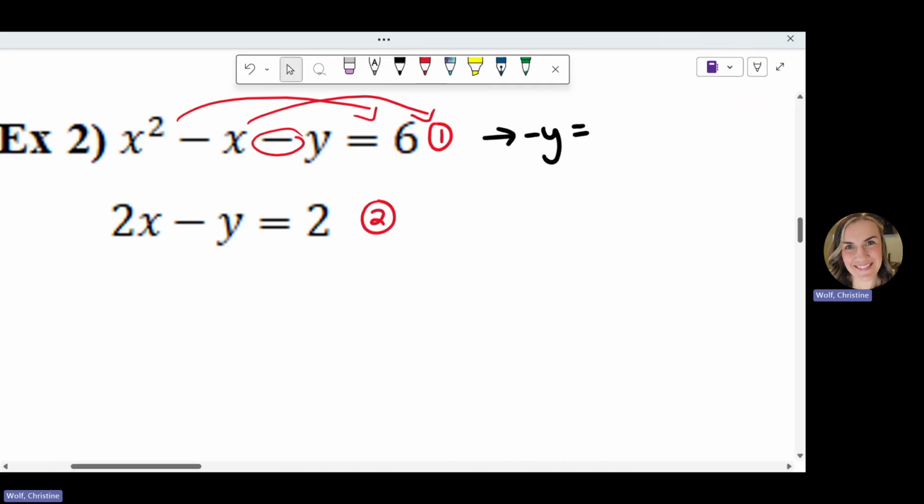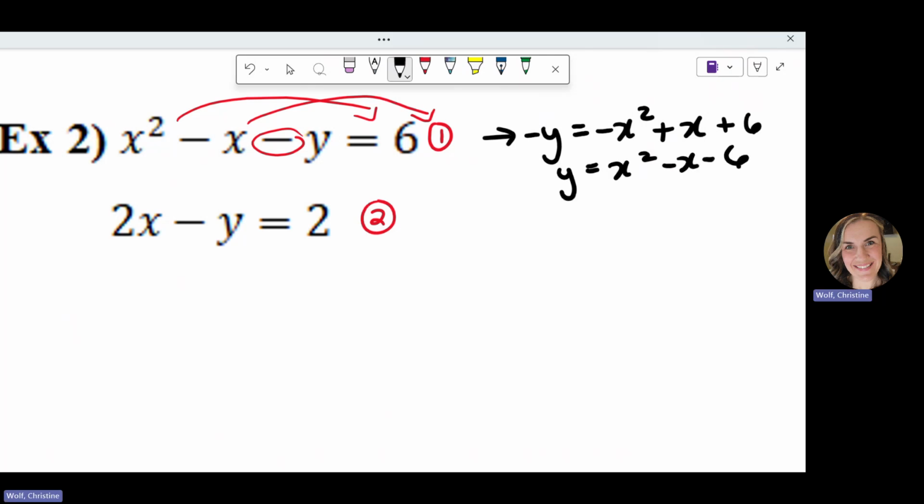Then the x squared comes to the right and becomes negative. The negative x comes to the other side and becomes positive. And then that +6 just gets shoved down, but it stays positive. All right, divide everything by -1 all across the board. All of your symbols change. So this is your new equation number 1.